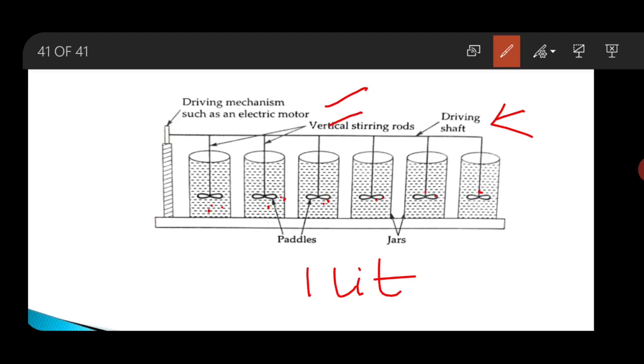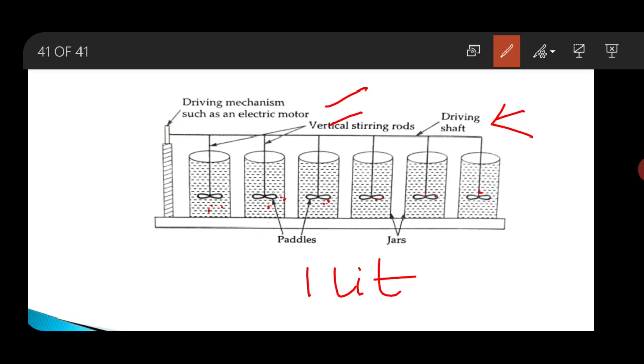As the paddles rotate inside the jar, the formation of flock in each jar is noted down, and the amount of coagulant in the jar which produces a good flock with the least amount of coagulant will indicate the optimum dose. Clear?